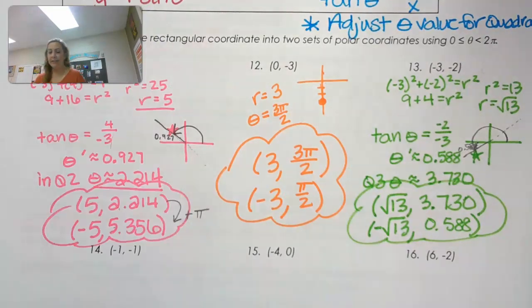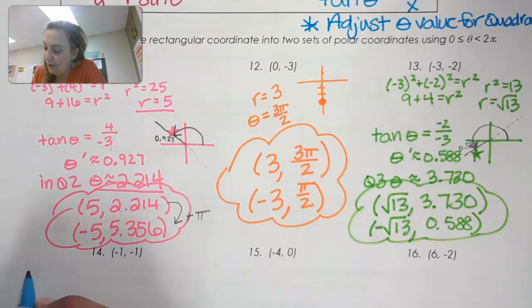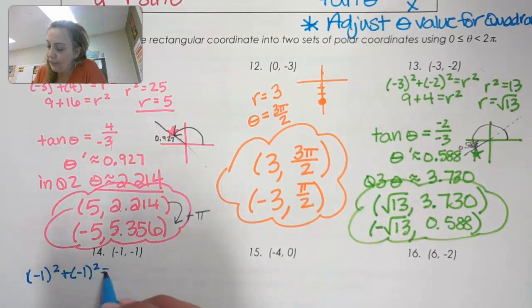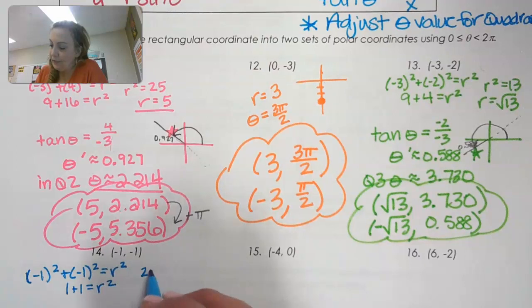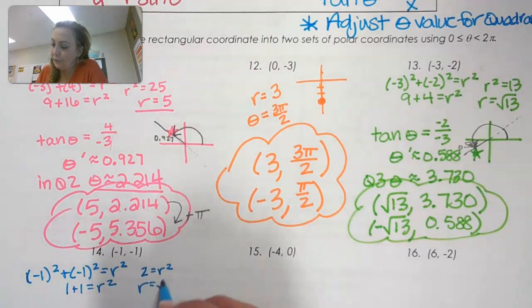Okay. If I keep going here, -1, -1, I can find my R value. -1 squared plus -1 squared equals R squared. So I can see that R squared equals 2, so R is √2.